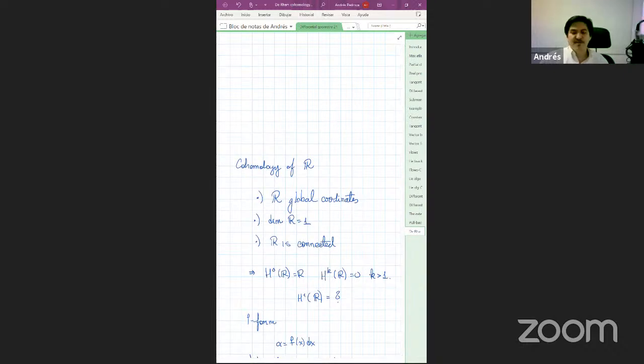Now, this is a general one form on the reals. I'm using x as my global coordinate on R. So any one form is of that form: a function times dx.